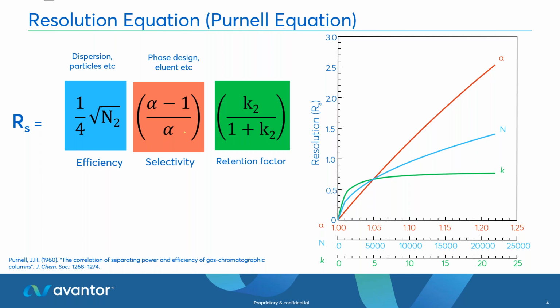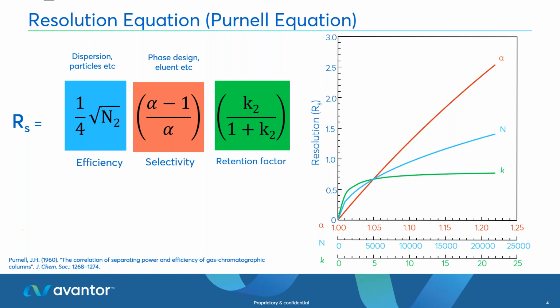Now, they don't have an equal weighting within this resolution equation, and you can see that really in the right graphic. So you can see here, color coordinated, that each of those 3 parameters has a different influence on resolution. In my graph here, I've got resolution on the y-axis, and I have those 3 parameters on the x-axis.